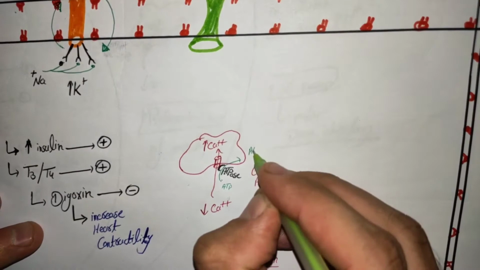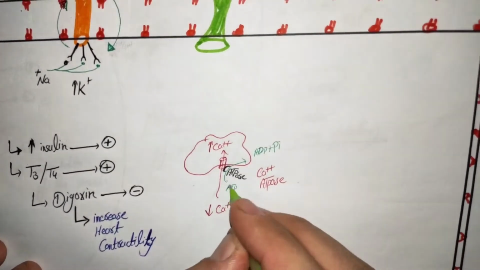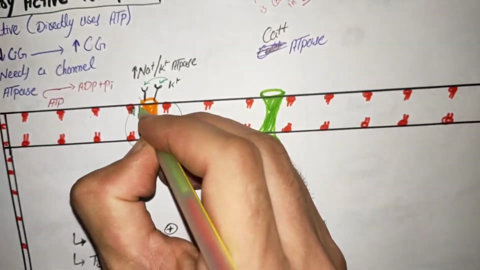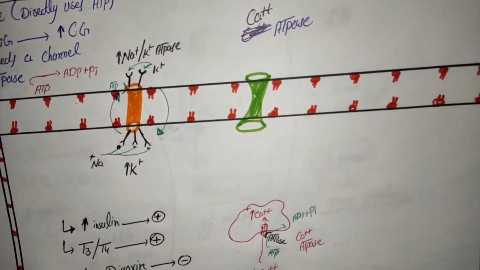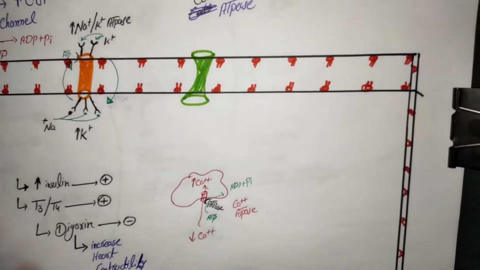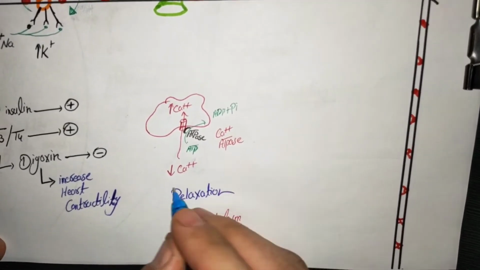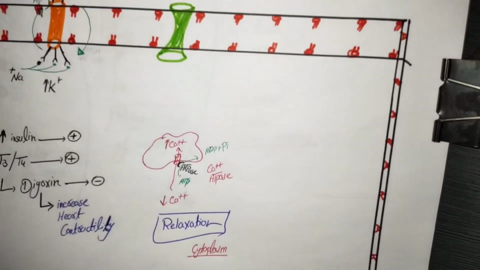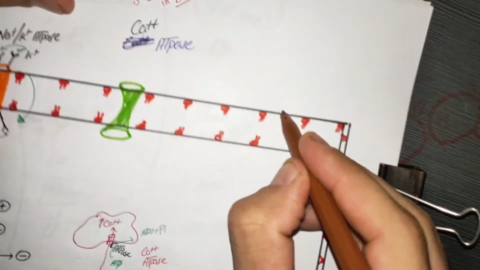ATPase converts ATP into ADP and inorganic phosphate. This channel is more important in relaxation. Calcium ATPase channel is important in relaxation.